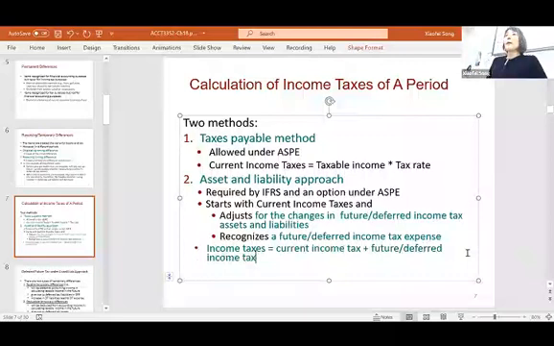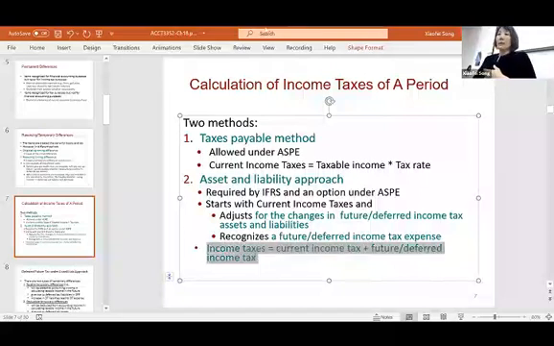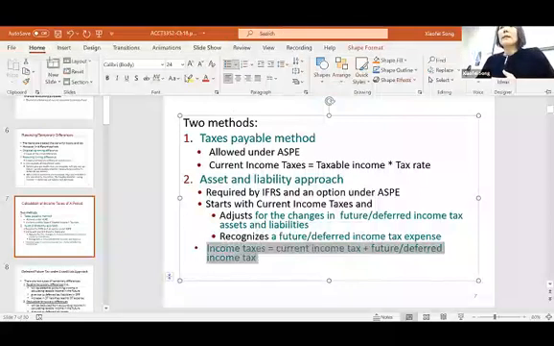The first part is from the tax return. The second part is the change in deferred tax assets or deferred tax liability. So that's the situation, and this is what we must do under IFRS.